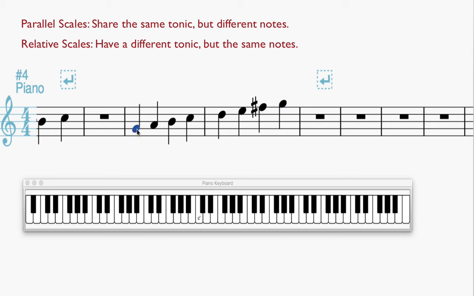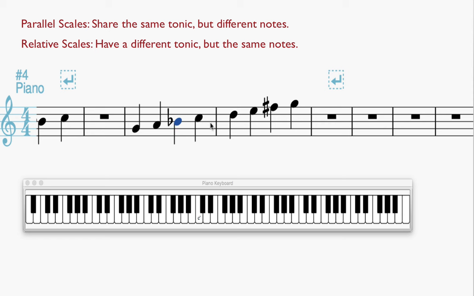So we're on a G major, so to find the parallel, so still G, we just have to flat our third, sixth, and seventh. That gives us that F natural. And that gets us the parallel minor scale.